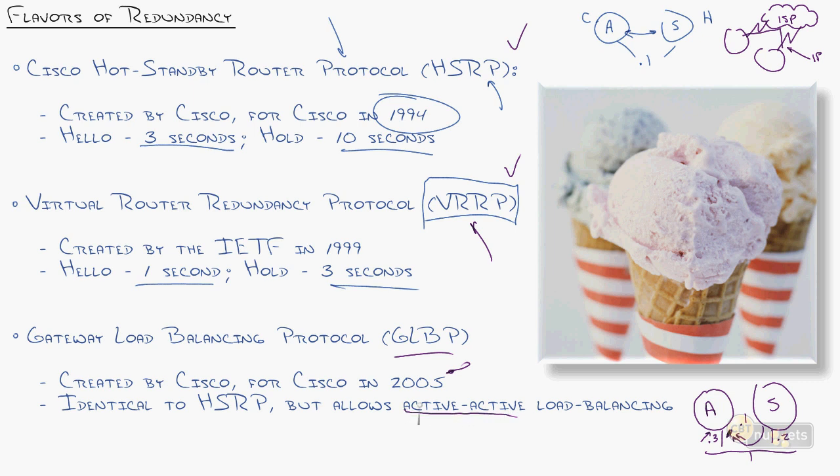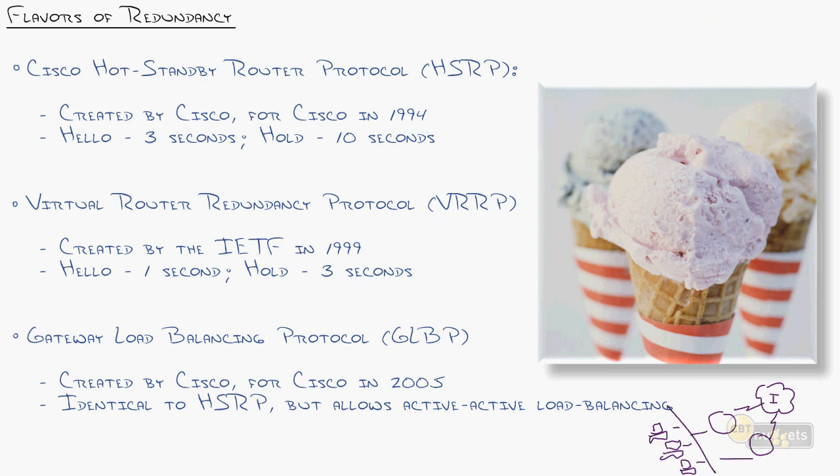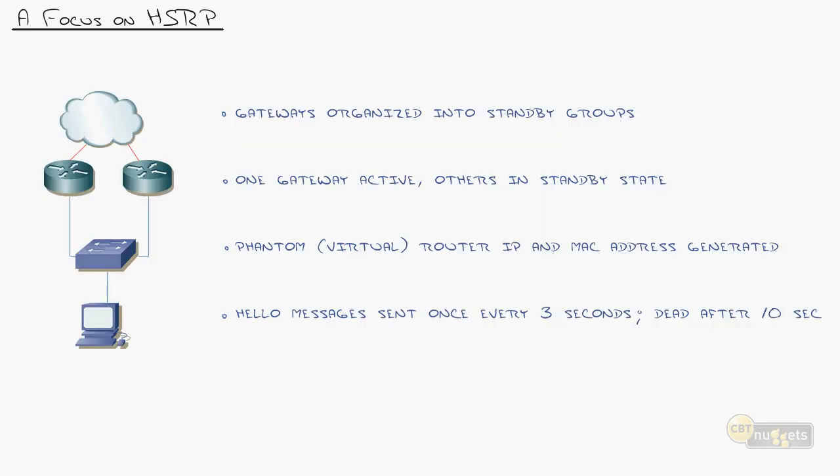It's the only one that allows for an active-active relationship. So that means that our computers can go through these routers on a load balancing basis. Maybe the first computer goes out the first router, second computer goes out the second router, third computer goes out the second router. You can kind of load balance between these two routers rather than just having one of them sitting there idle.